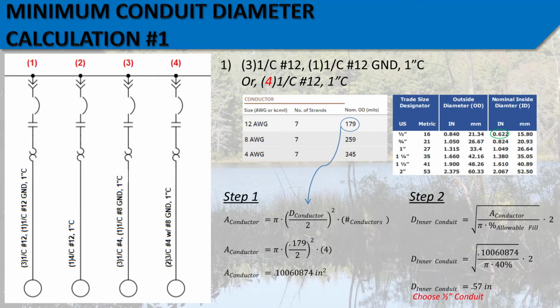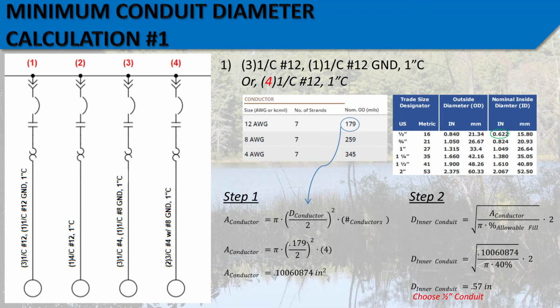So you're going to plug in the area of the conductors that we determined in step 1. We're also going to plug in the allowable fill as permitted by the National Electrical Code. In this case, we're allowed 40% fill. So once you plug that number in, you can calculate that the minimum allowable inner diameter for the conduit can be 0.57 inches.